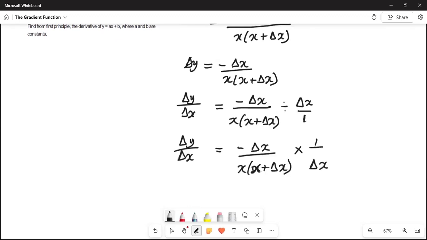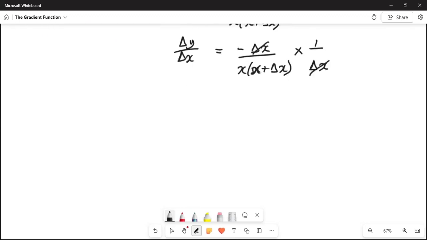This division changes to multiplication, then we multiply by the reciprocal of this fraction. So delta x divided by delta x is 1. Therefore, delta y over delta x is equal to negative 1 over x times x plus delta x.